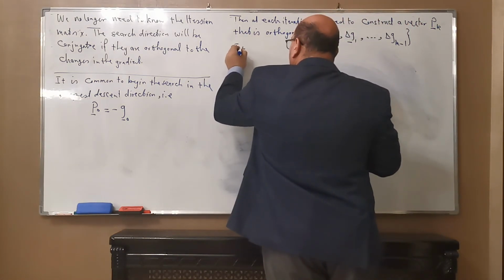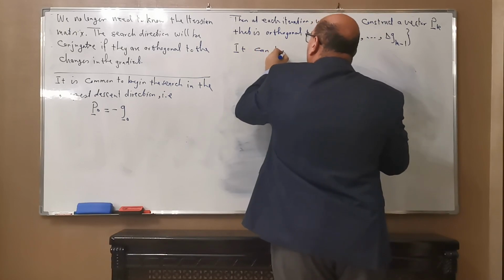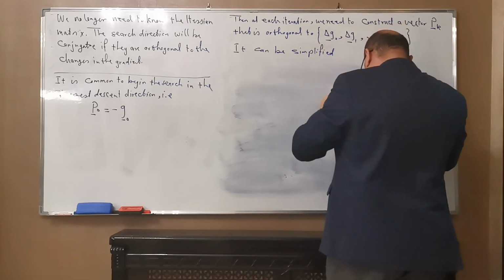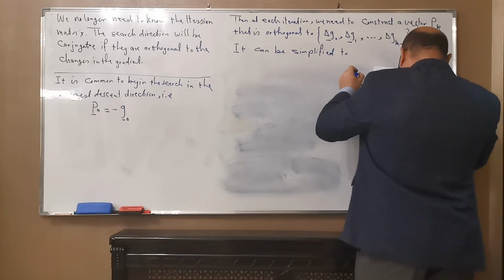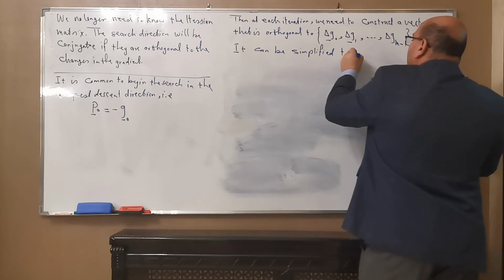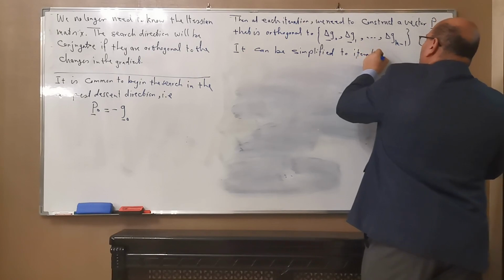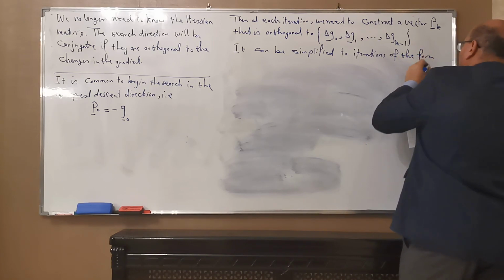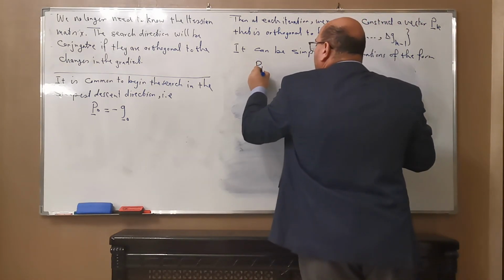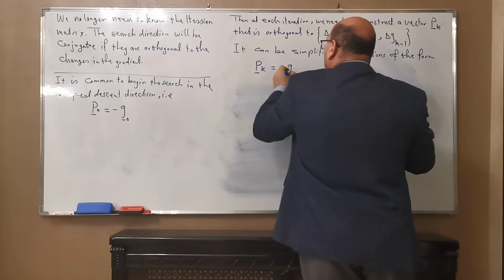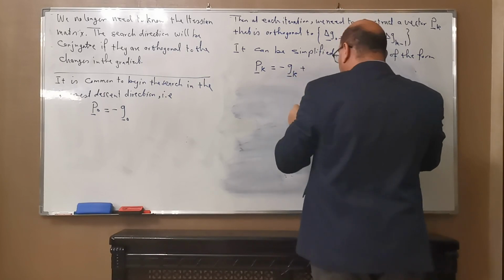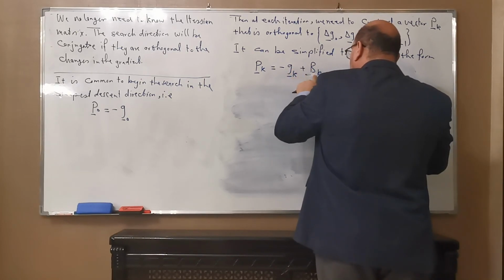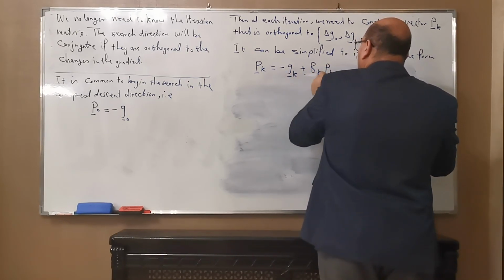This can be simplified to iterations of the form P sub k is equal to minus G sub k plus beta sub k times P sub k minus 1.